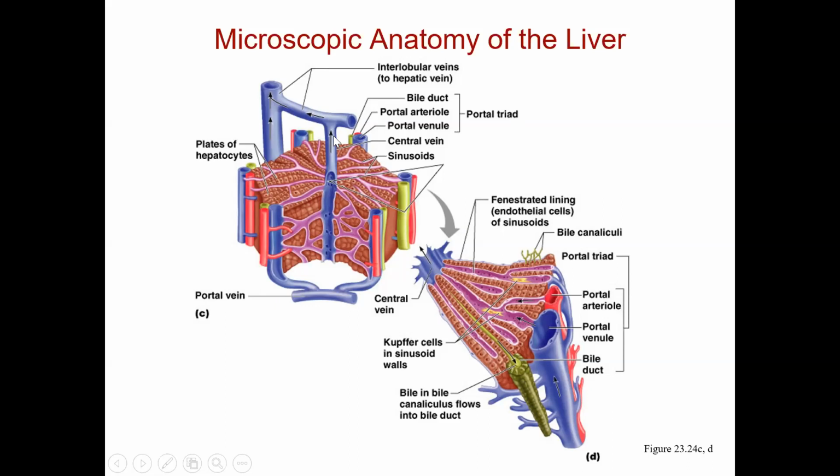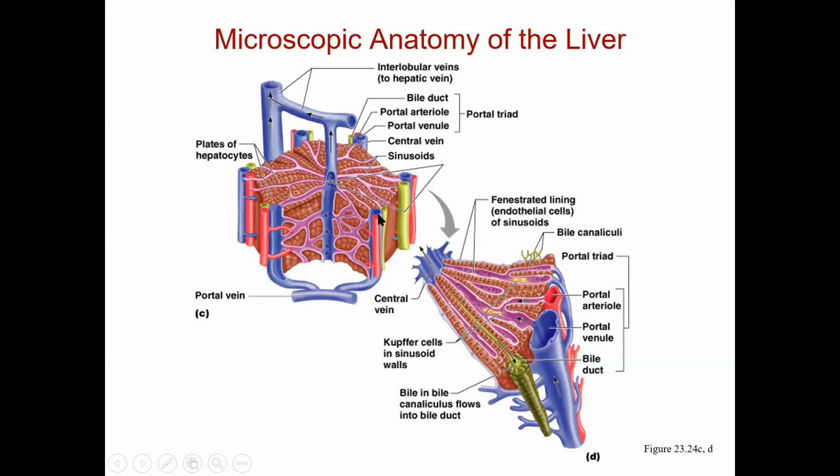At each corner there are at least three tubular structures. It is called a portal triad, because it has three tubular structures. Sometimes there are four.